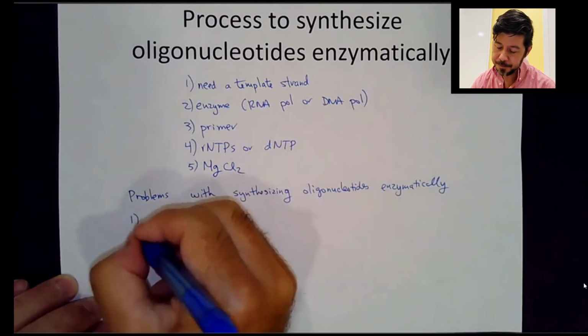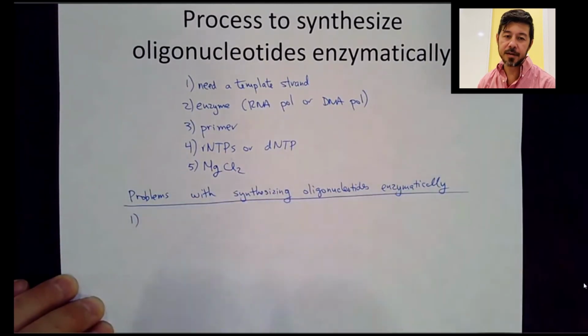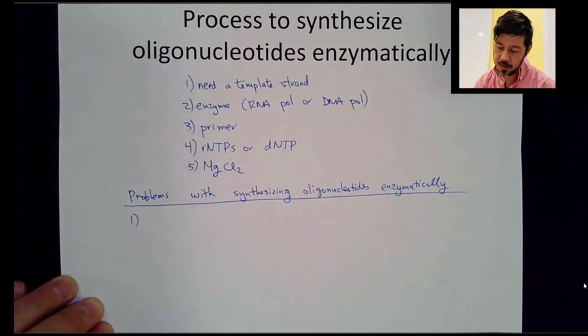Okay, so I'll just outline a few. There certainly are many, many more, but the main ones: number one, the polymerase enzymes in an in vitro solution are not perfect. They can make errors. They can lose their efficiency. They can stop prematurely, or sometimes they can go past a termination site.